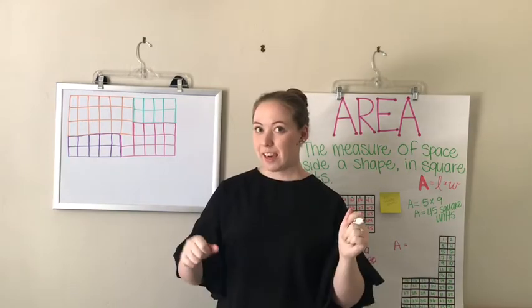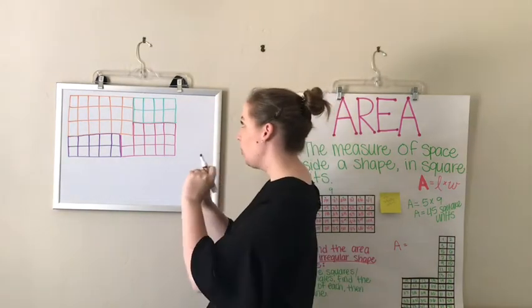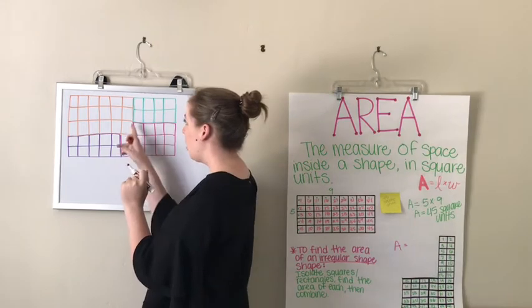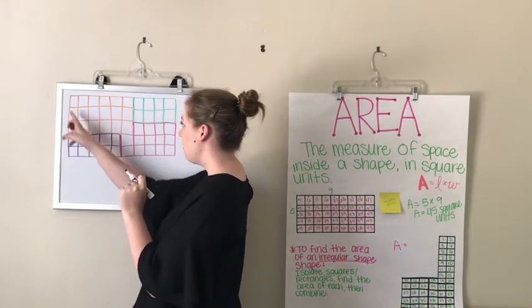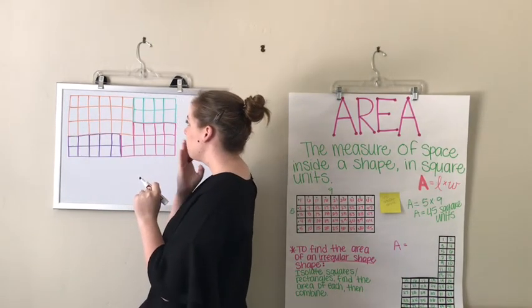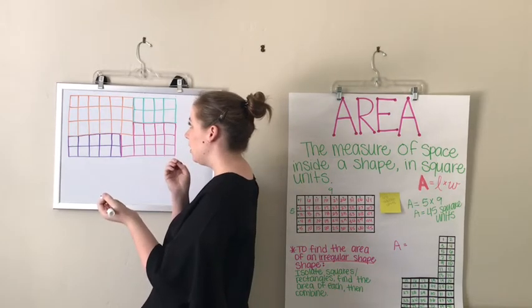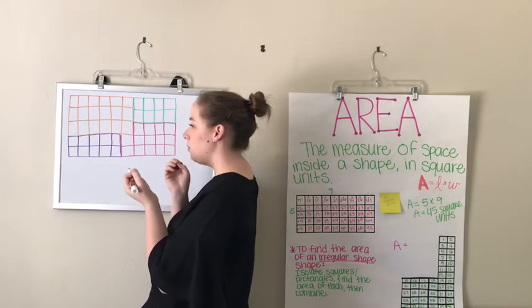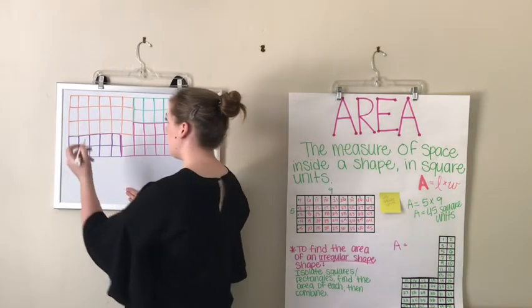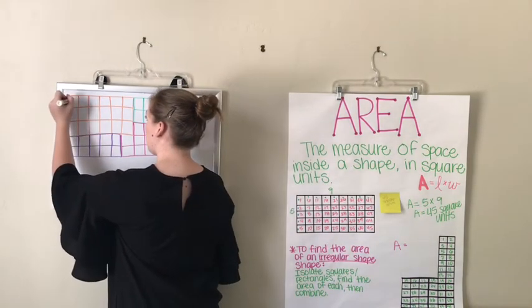All right, thinking cap on. So to solve this problem, I need to know the area of this shape, what's in orange. So something that I wanted to do was count, because I feel like that is really accurate. And so to keep track, I am going to write each number inside the box.